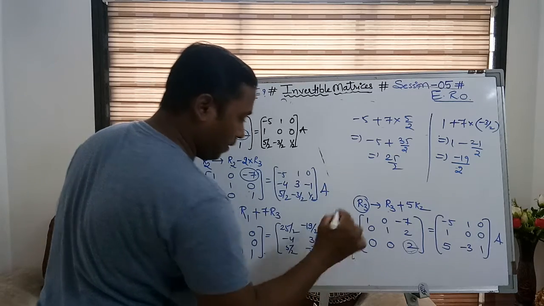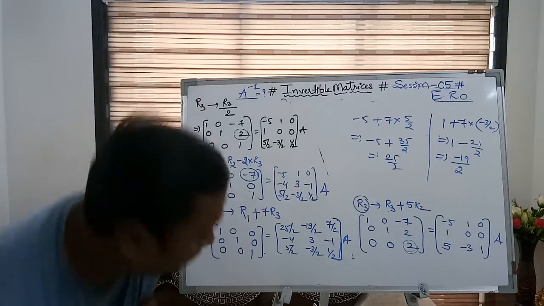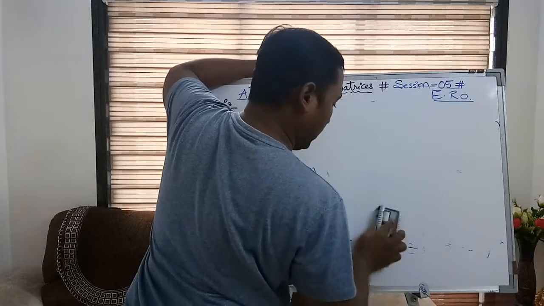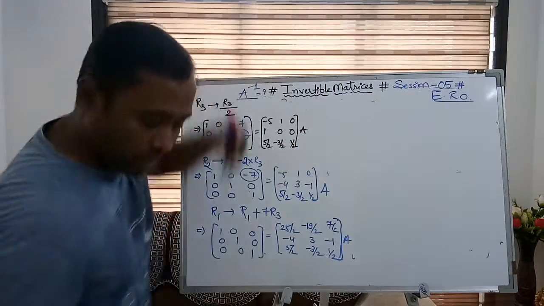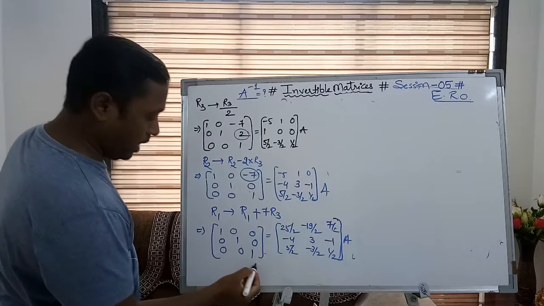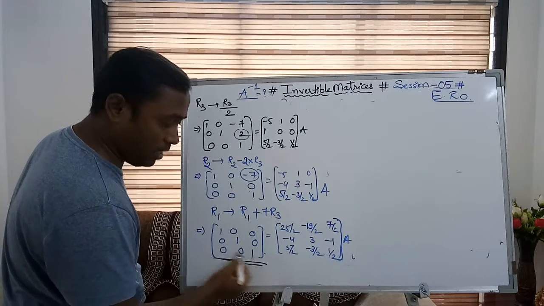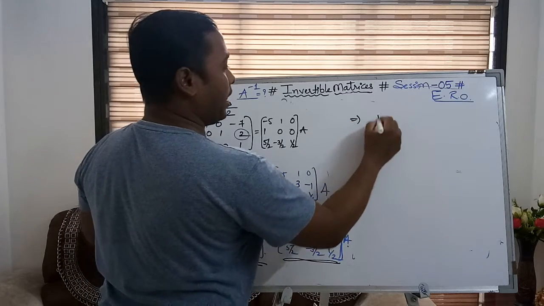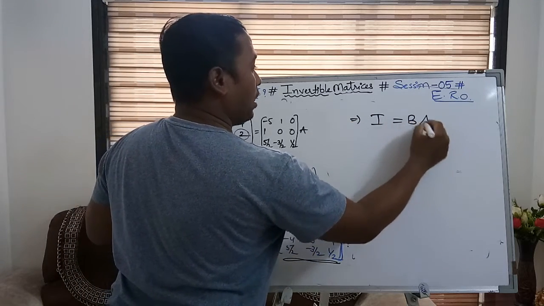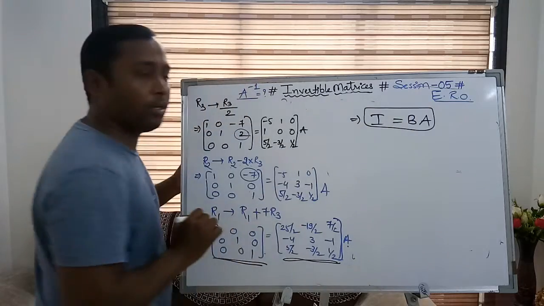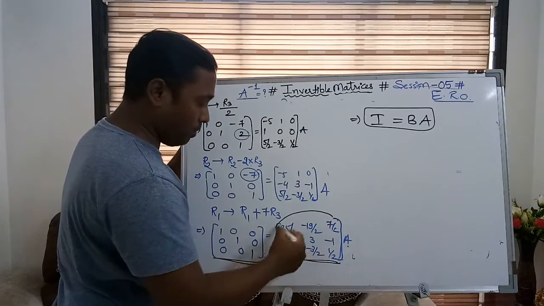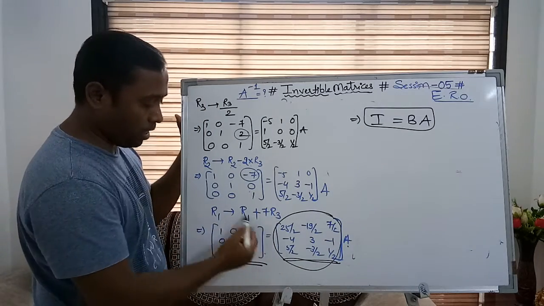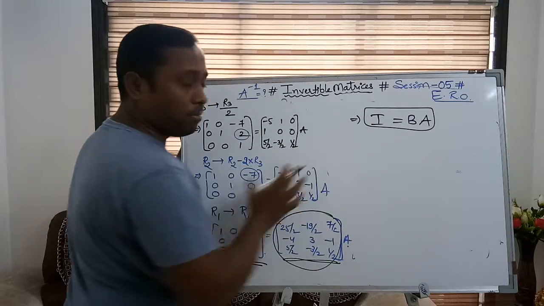What we got as a final answer? It reduced to the identity matrix. It became a general matrix with A. So we ended with I is equal to B into A. Hence this matrix is called the inverse of the given matrix, because this becomes the identity matrix.